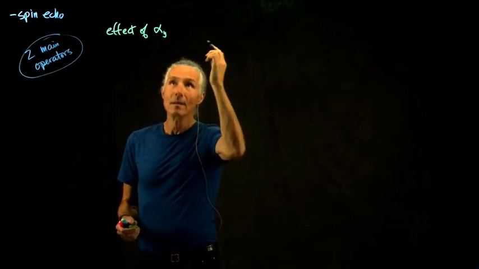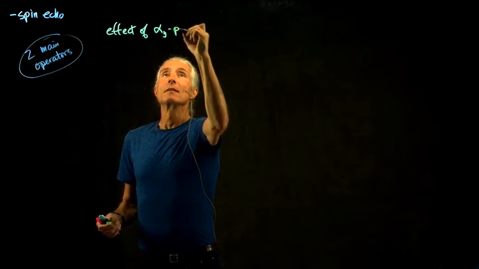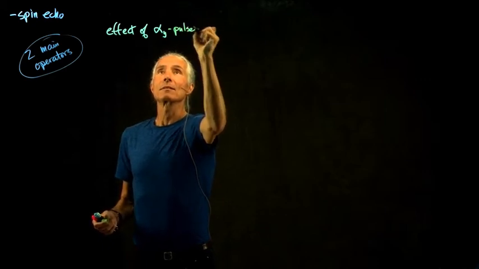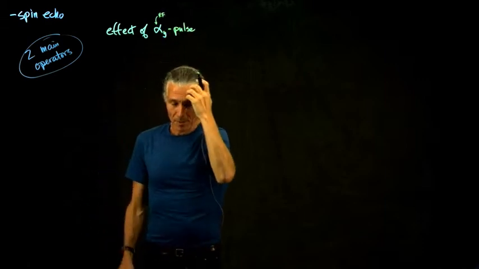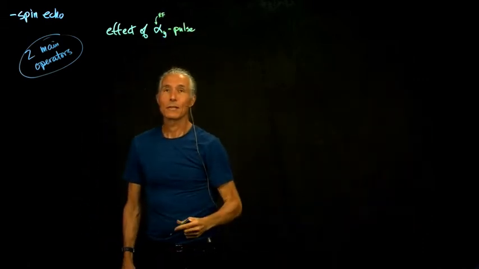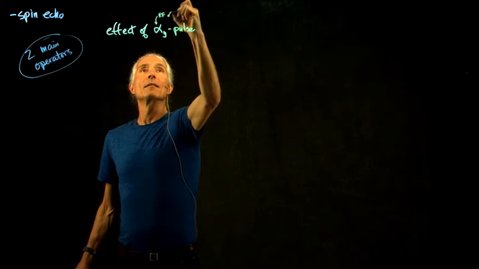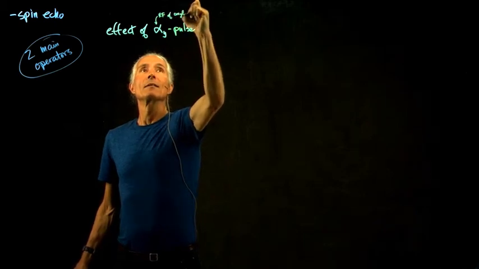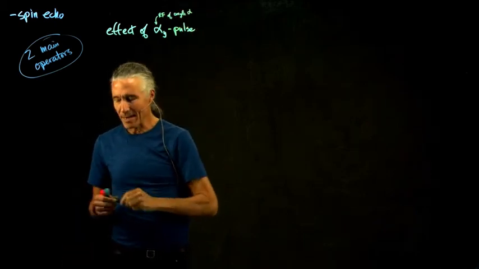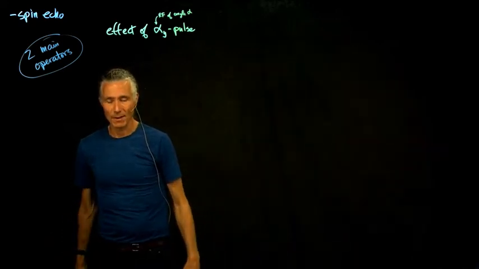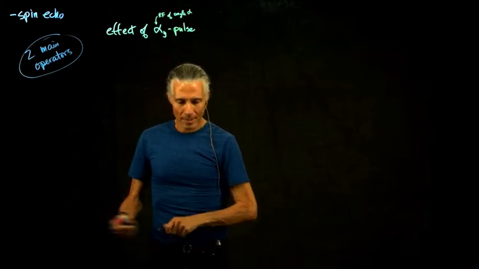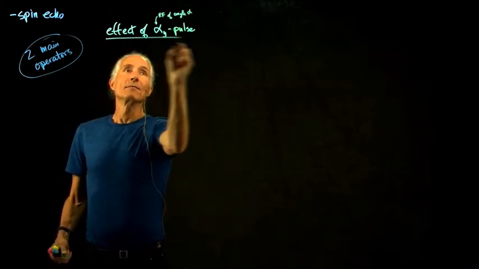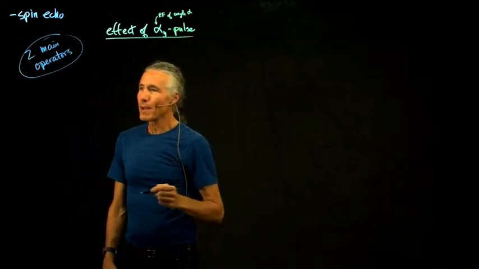So some RF pulse, an RF pulse of some angle alpha. It doesn't have to be 90. It could be 35 or 75 or 112, it doesn't matter. What is the effect on the magnetization?